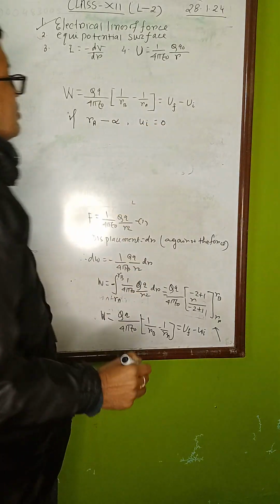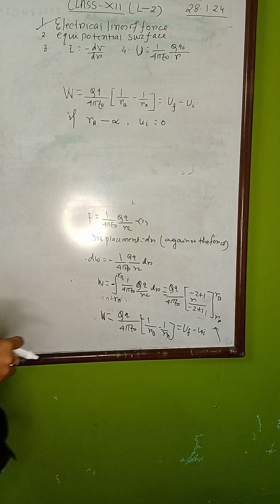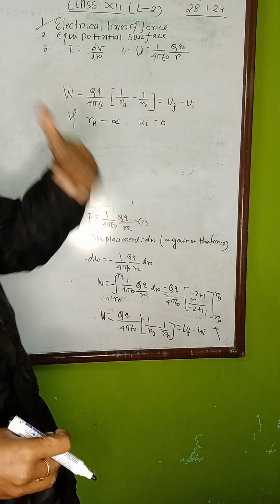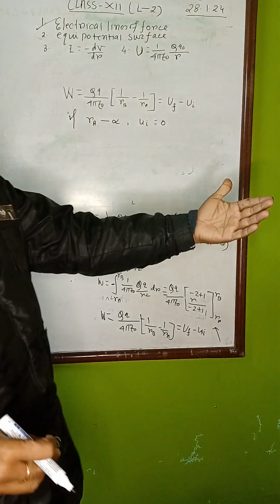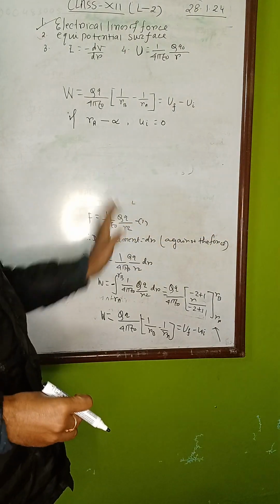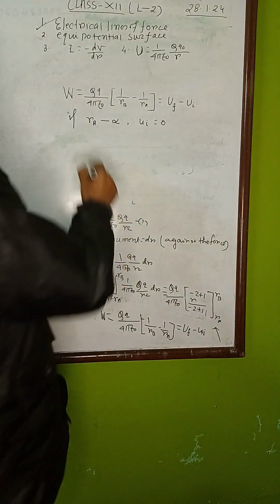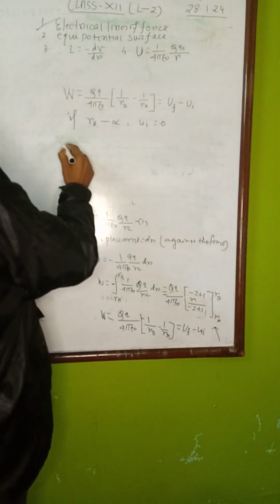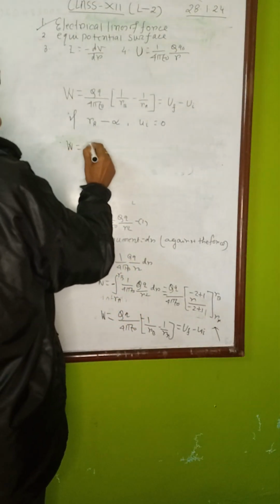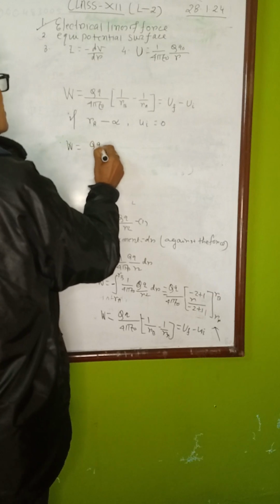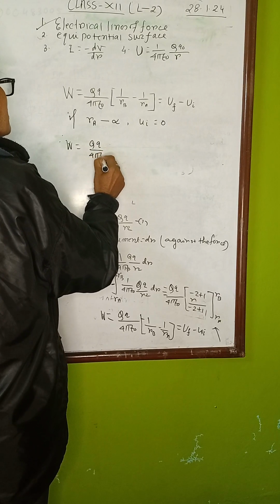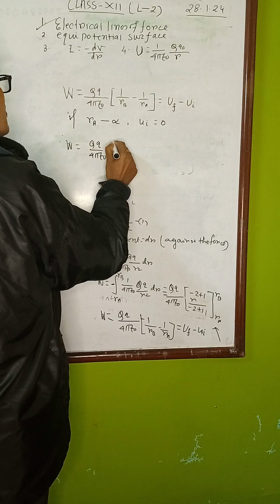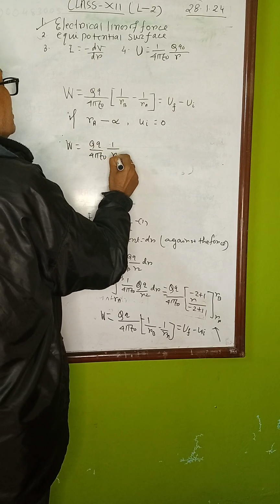You know, the interaction potential when the charge is at infinity is 0. So what will happen? W equals Q q by 4 pi epsilon naught times 1 by RB.